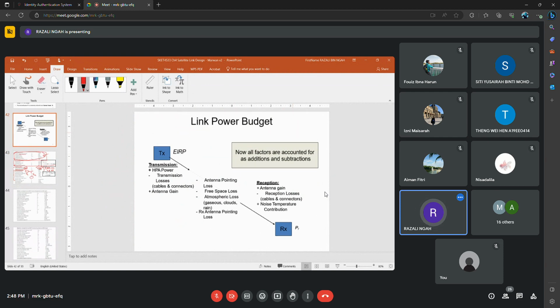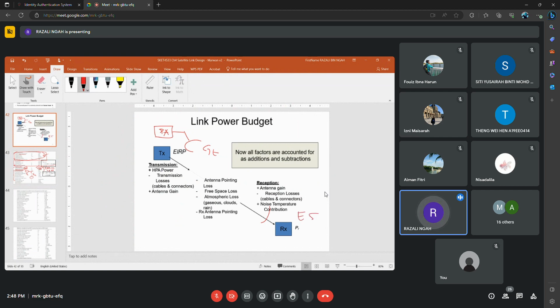Downlink: in the satellite, we have a power amplifier, we have an antenna. Then we have the receiving antenna again in the earth station.